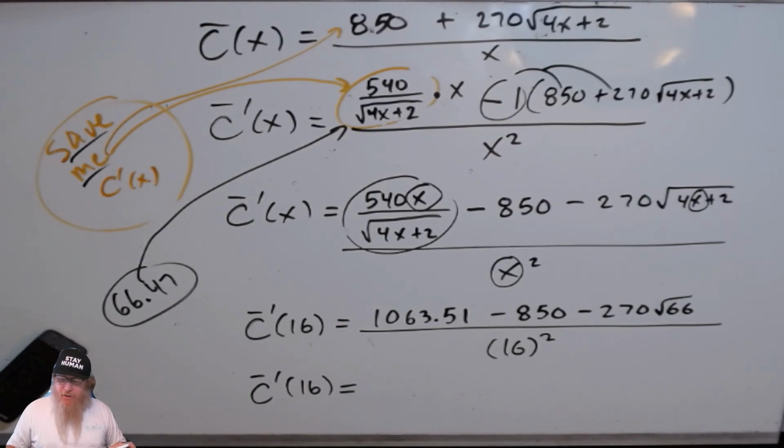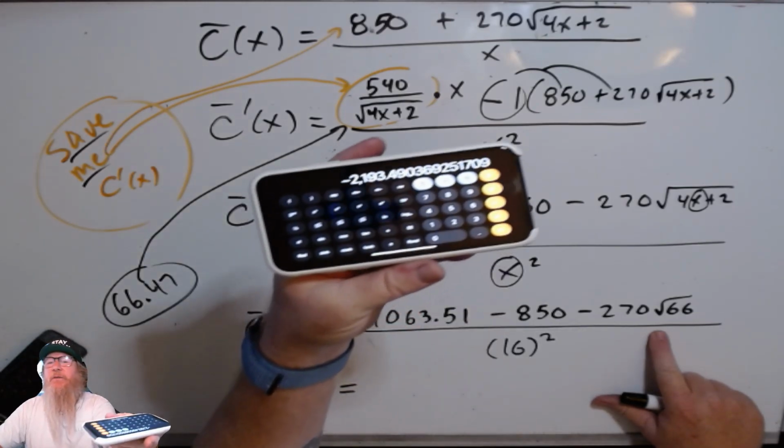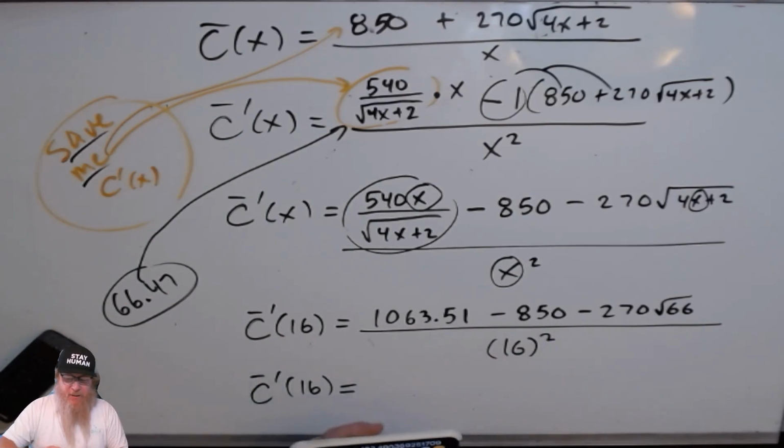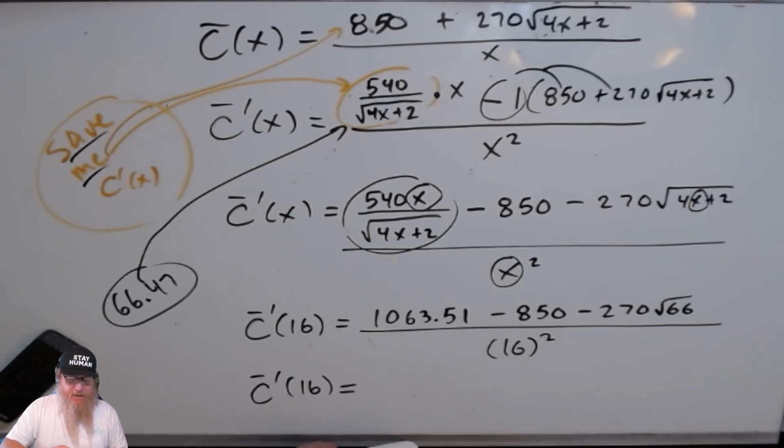So I've got marginal average cost. Let's start here. Square root of 66 times 270. All right, and that's negative 2,193. And I'm just going to work backwards here. Minus 850. And then plus 1,063.51.